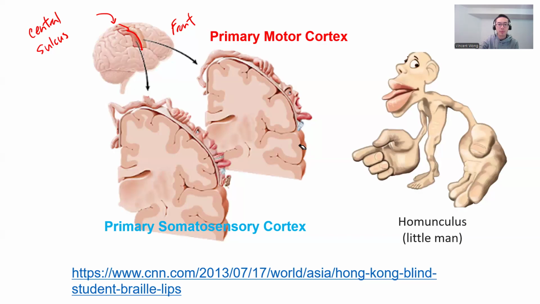So on the primary motor cortex, I'll explain what this is. Just try to focus on this for a second. On the primary motor cortex, different locations are mapped to different parts of the body. So on the side, around here where my finger is, that's the place that's responsible for controlling your tongue, okay?